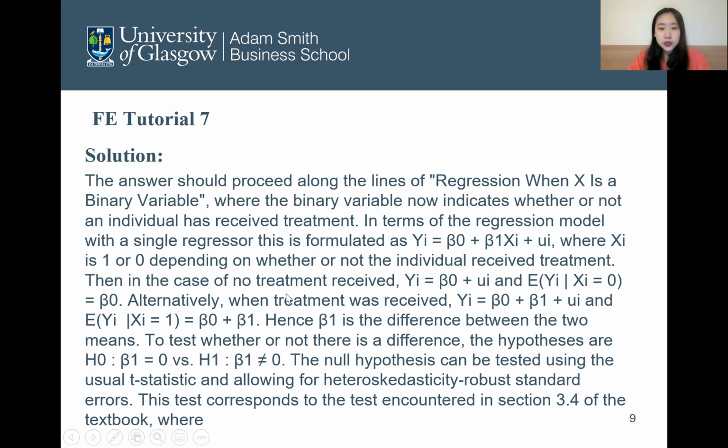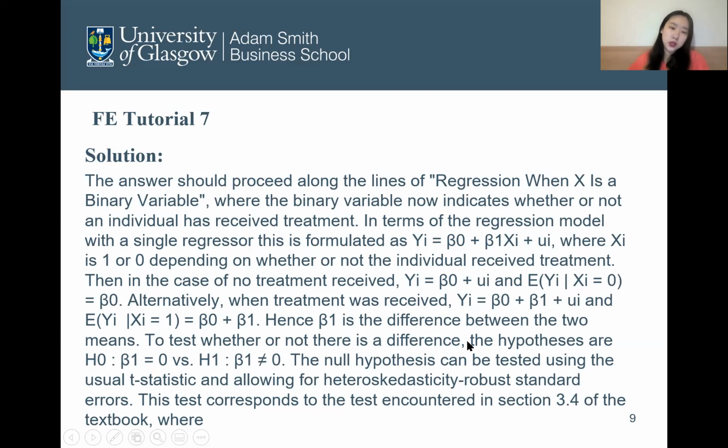In the case of no treatment received, the individual did not receive it, so X equals 0. If X equals 0, the equation only becomes beta 0 plus the error, and the expectation value becomes beta 0.